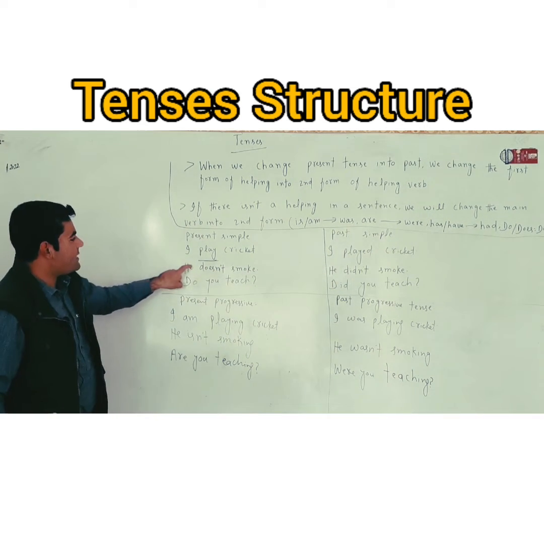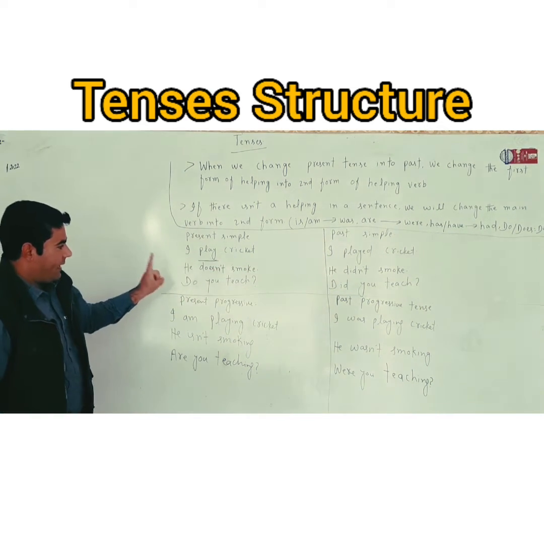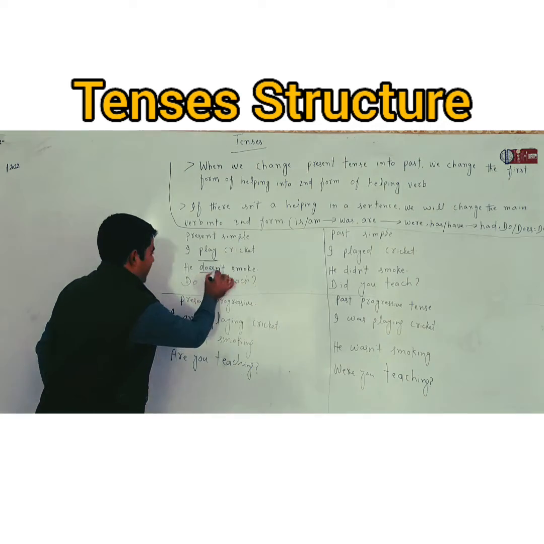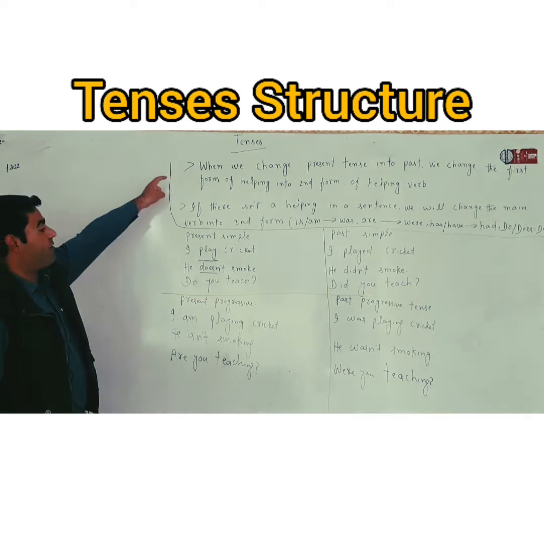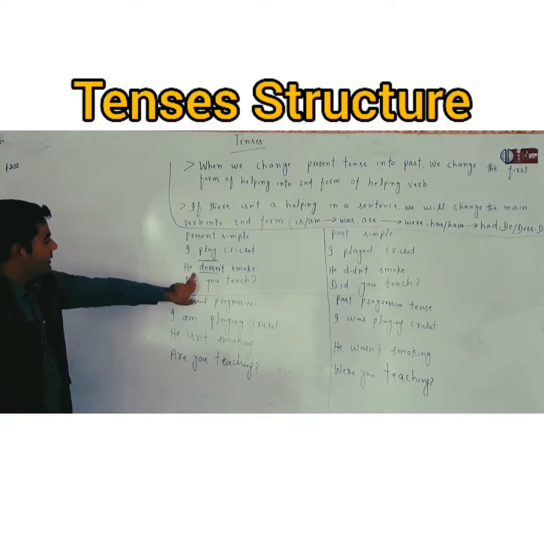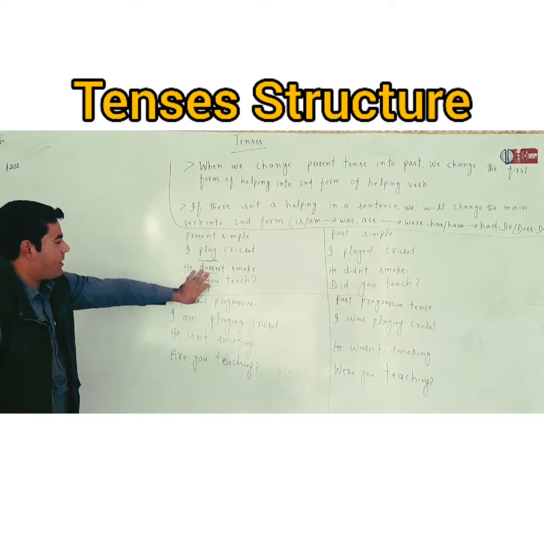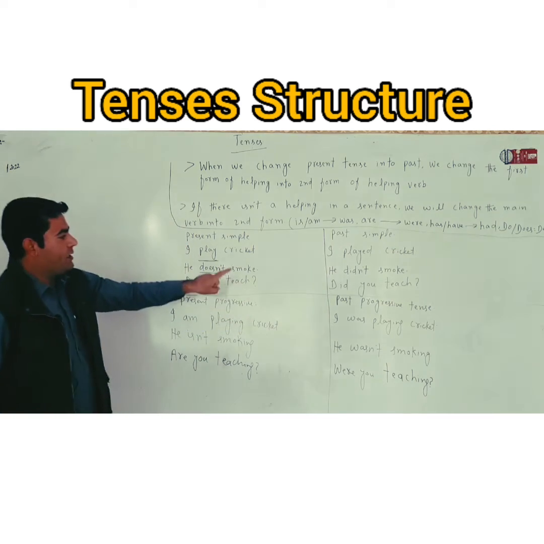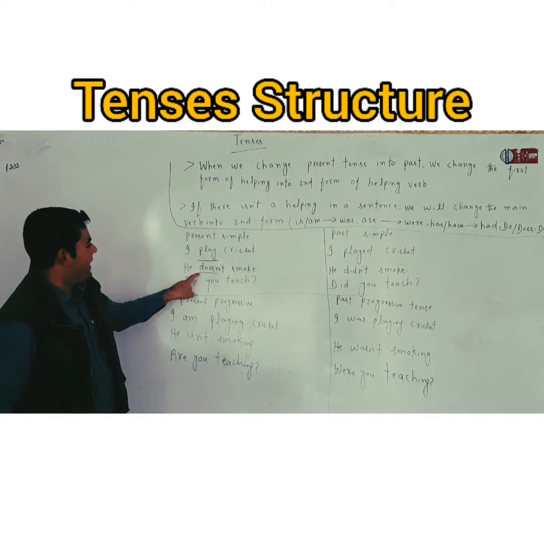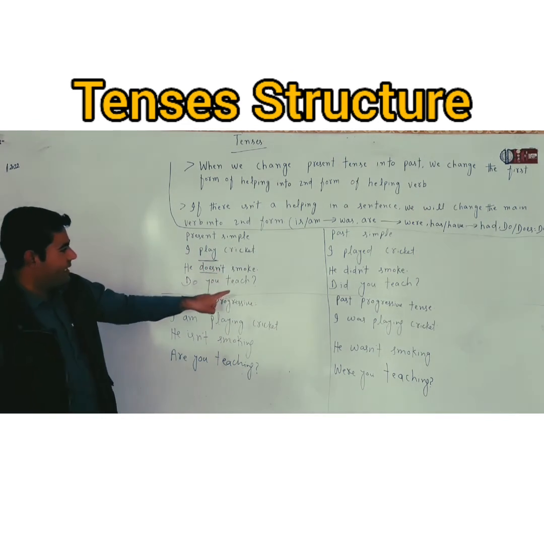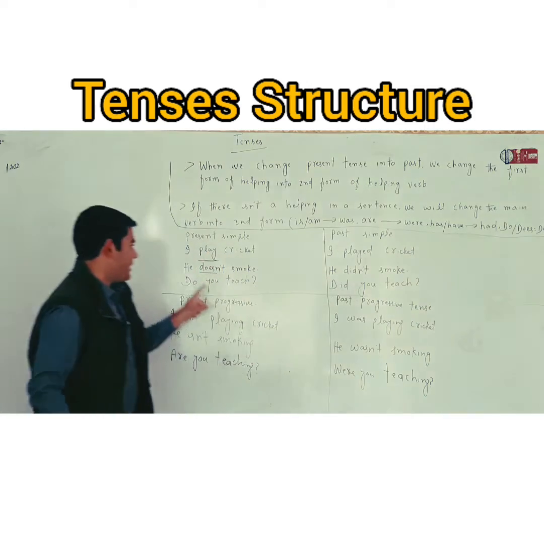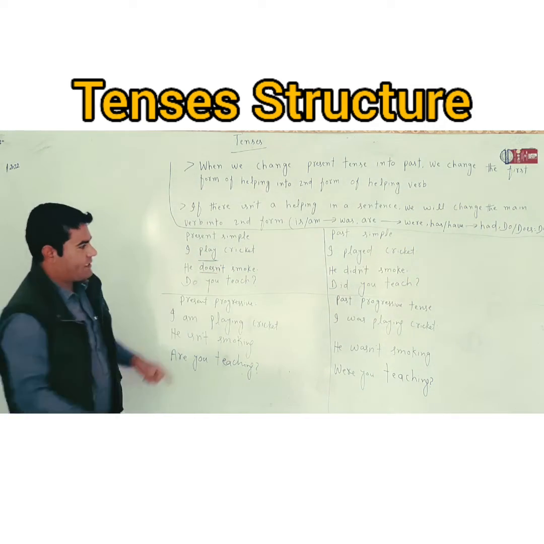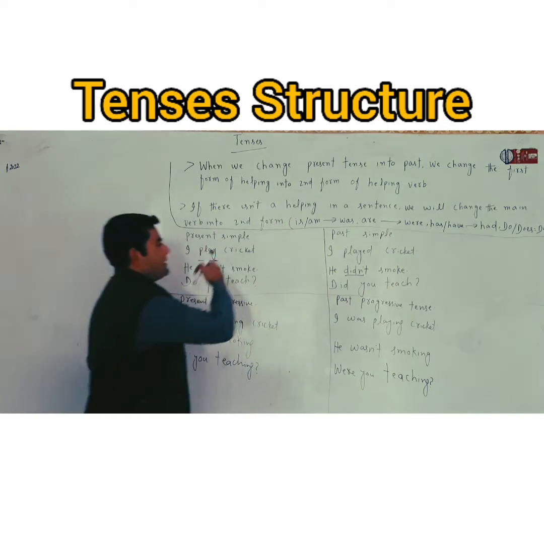Now, he doesn't smoke. And as you see, the does is helping verb. So we will apply the first formula here. Does is helping verb and its second form is did, as I have mentioned. So we just changed does into did. He didn't smoke, and by changing does into did, the whole tense got changed.